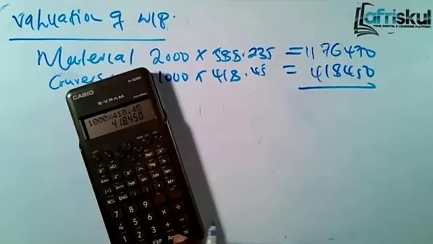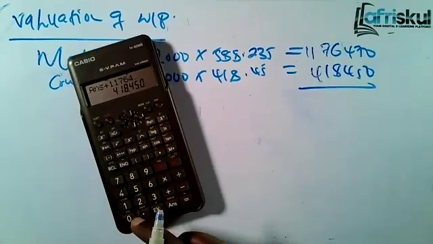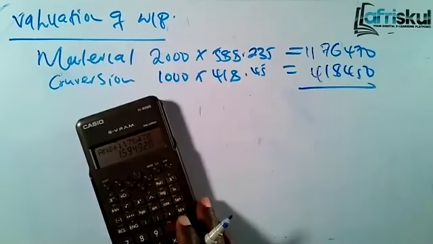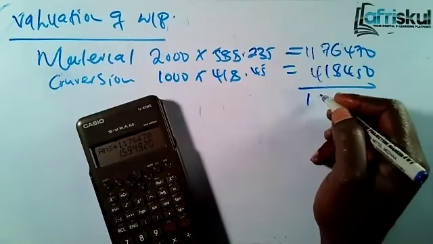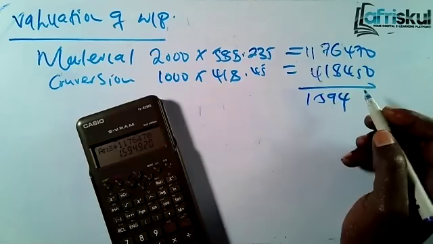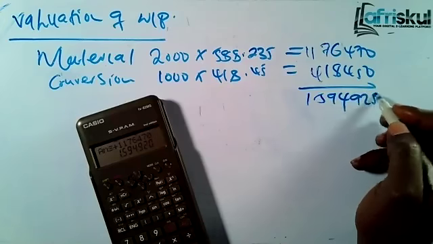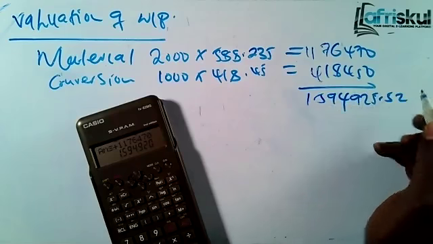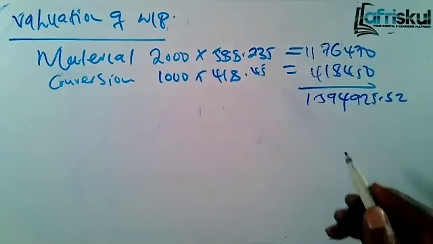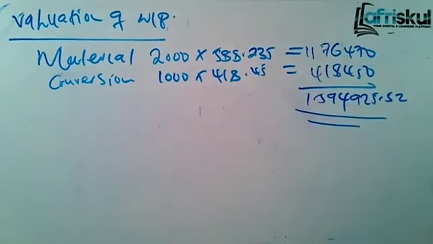So you add the two, 1,176,470 plus 418,450. You get 1,594,925.52. So that is the valuation of work in progress.